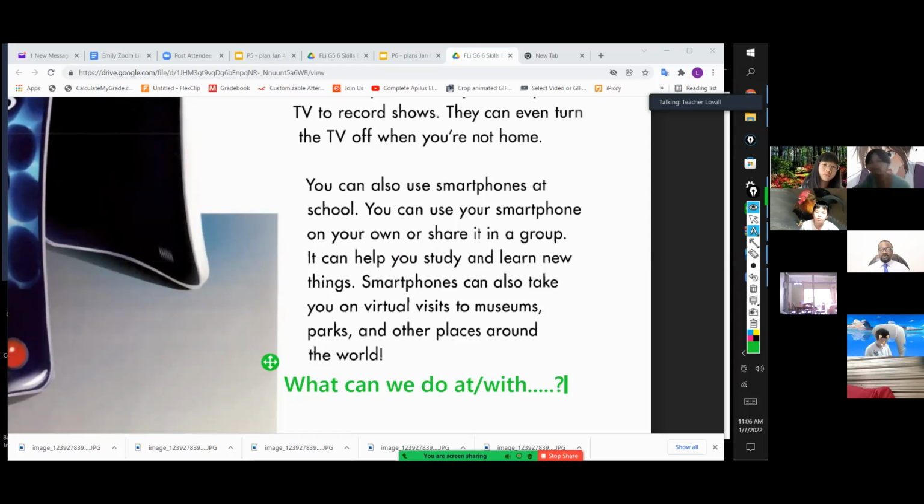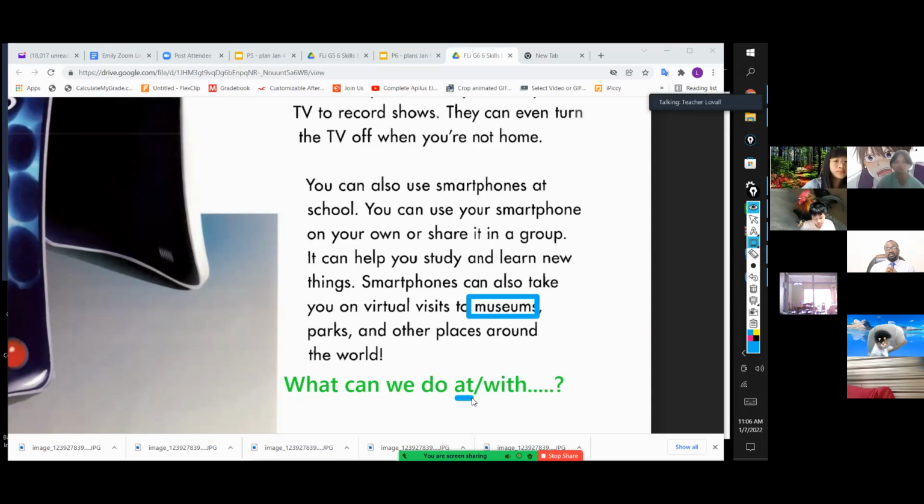All right, so the question I have is, what can we do at or with? So I'm going to circle something and I need someone to tell me, what can we do, okay? So right here we have museums. What can we do at a museum?